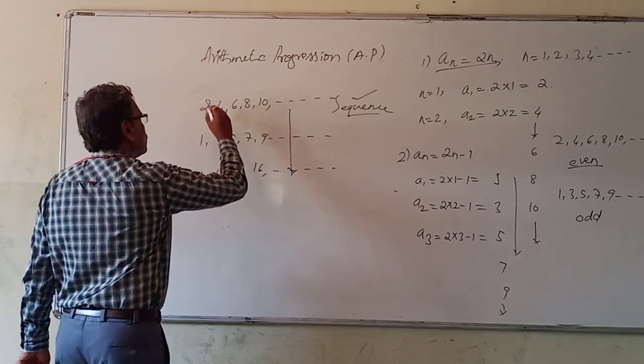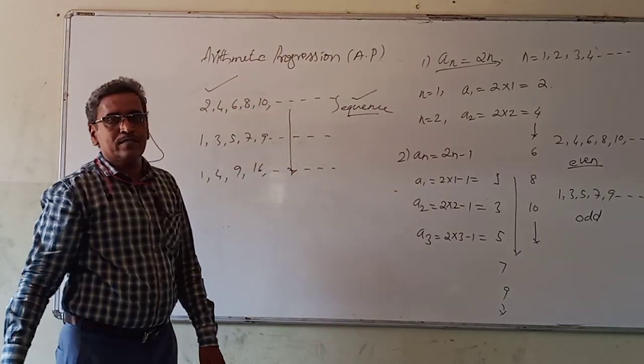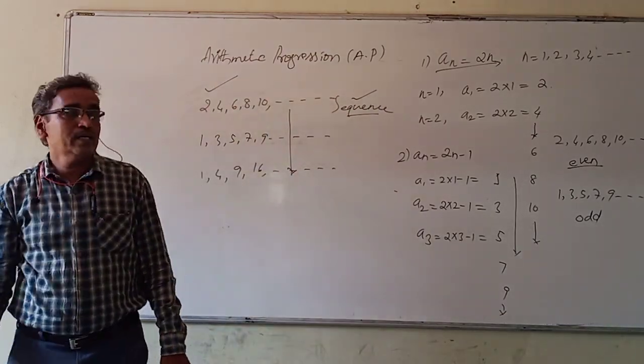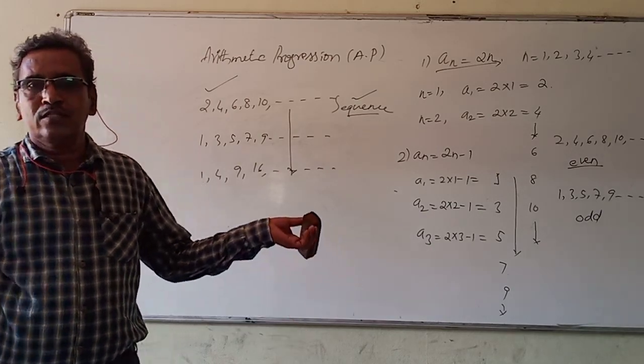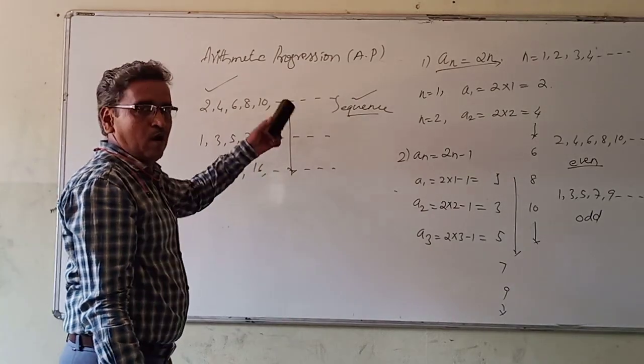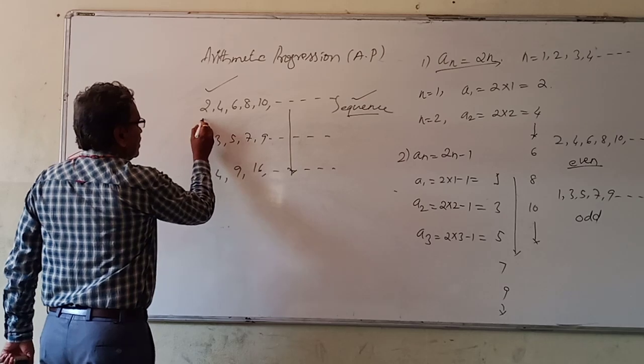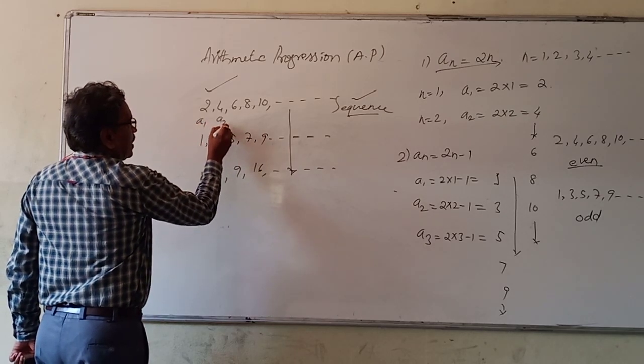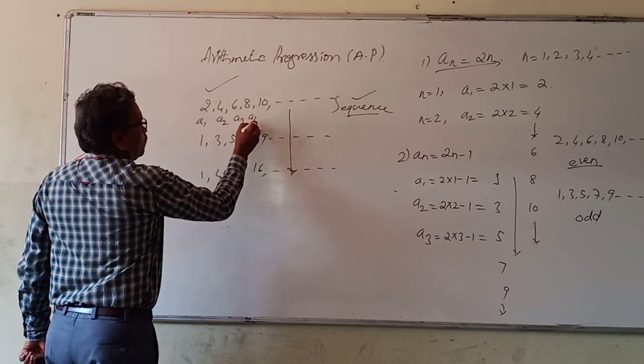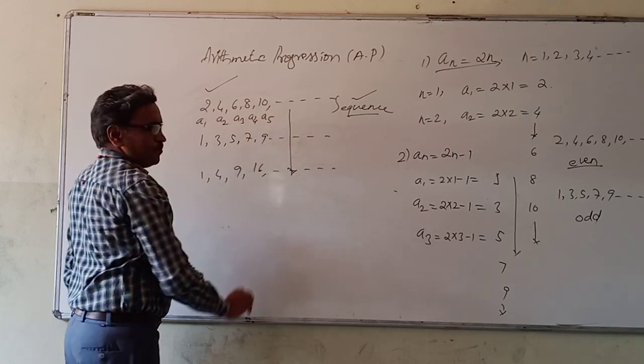Now, just look at the examples. Example number 1: 2, 4, 6, 8, 10 and so on. These are the first term, second term, third term, fourth term, fifth term.